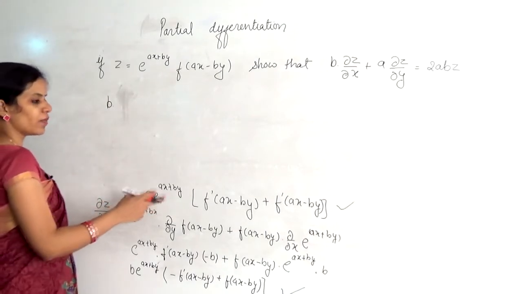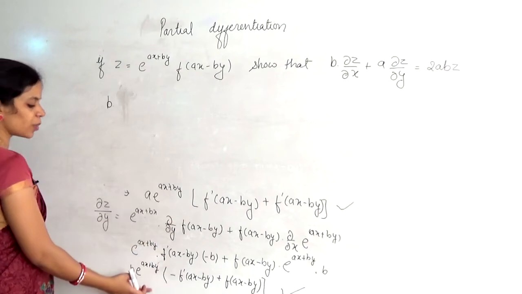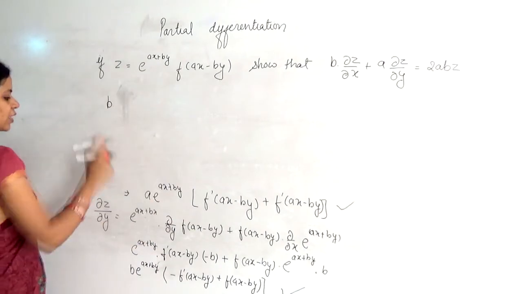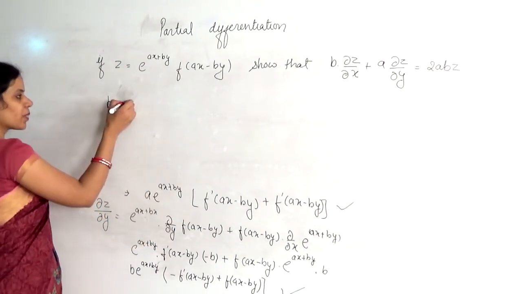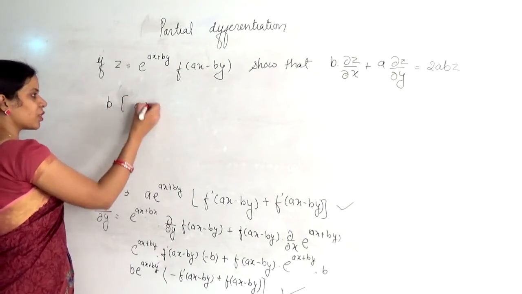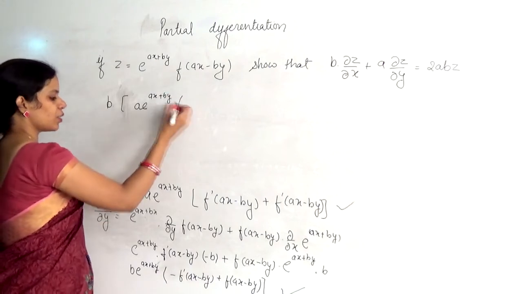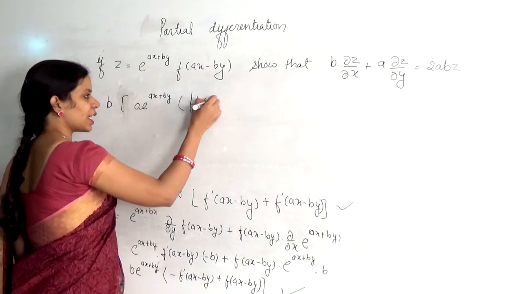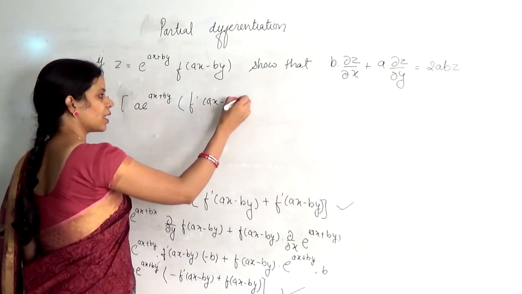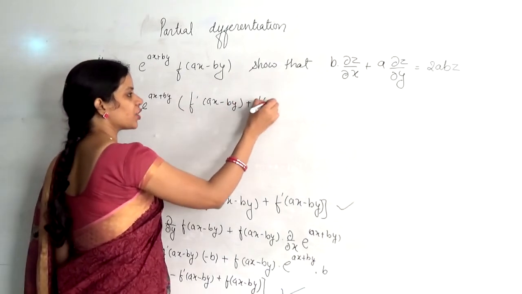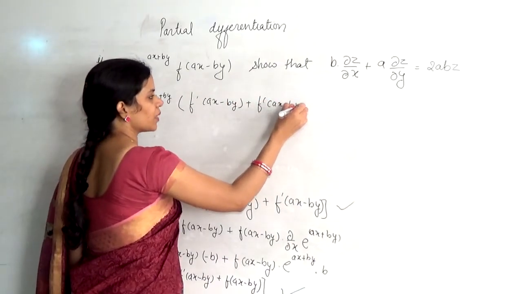Now we will put the values of ∂z/∂x and ∂z/∂y in this equation. b into ∂z/∂x, the value will be a e to the power ax plus by into f dash (ax minus by) plus f(ax minus by).